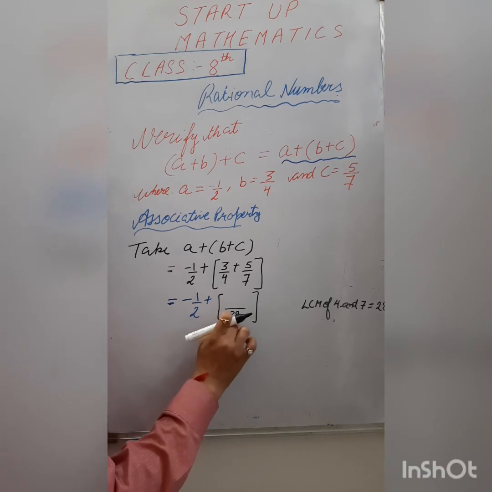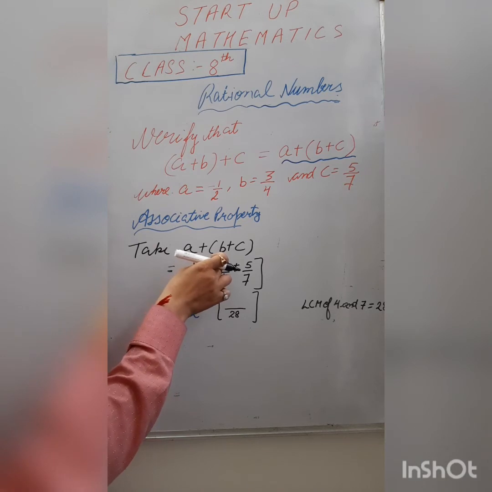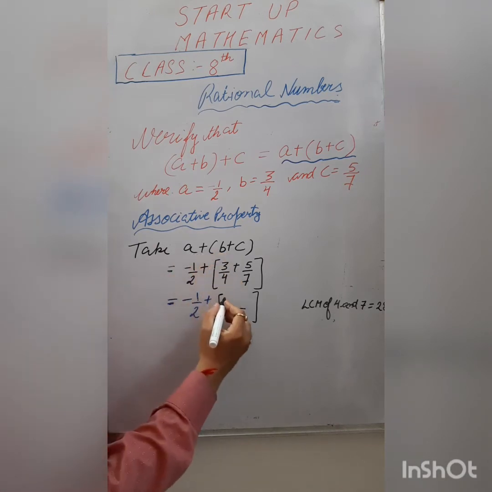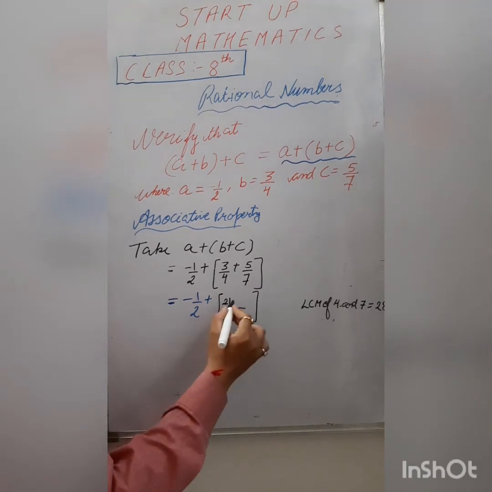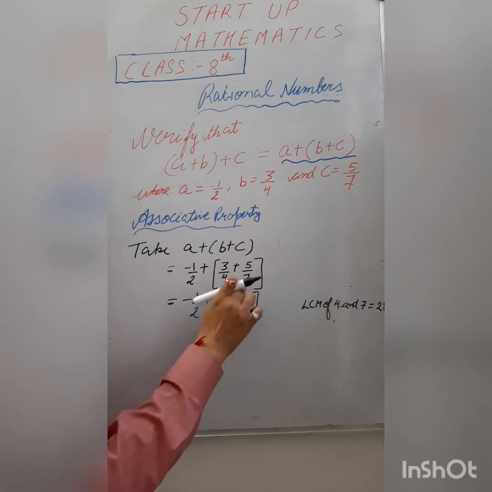The quotient 7 is to be multiplied with 3. So 7 3s are 21. Plus again 28, the LCM, divided by 7.